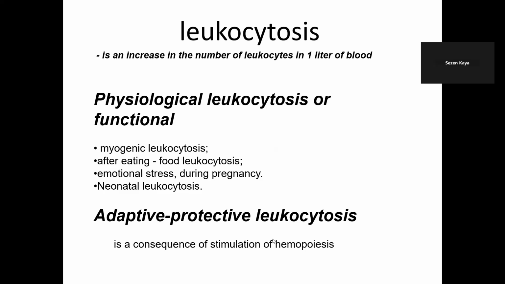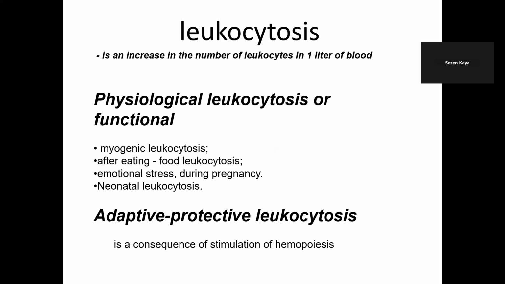What does it mean? Whenever a word is combined with physiological, it means normal. So it's fine. Physiological leukocytosis means an increased level of leukocytes for a short period of time.